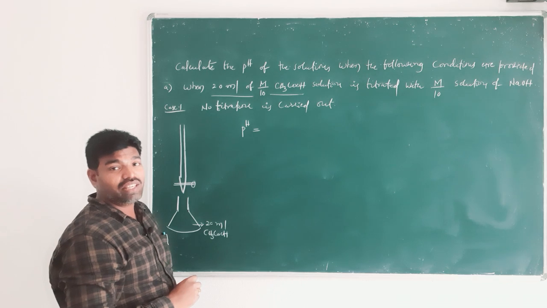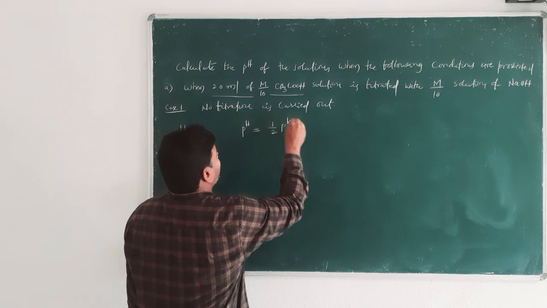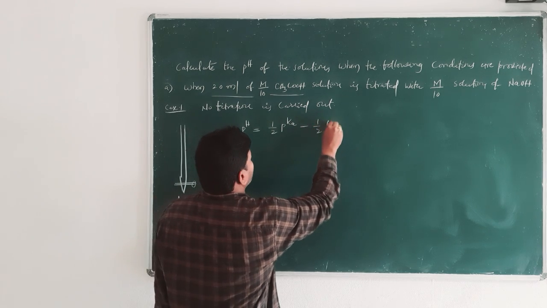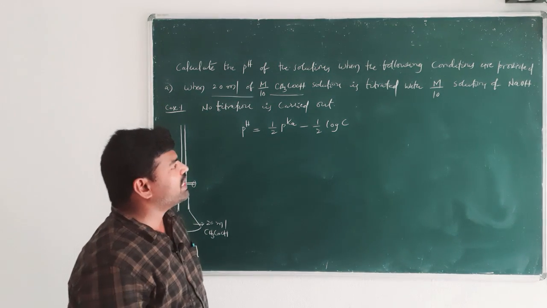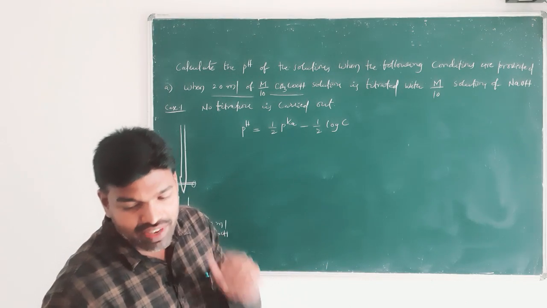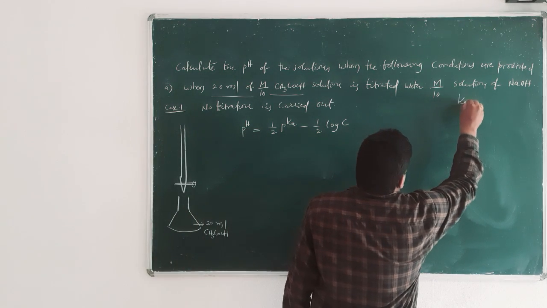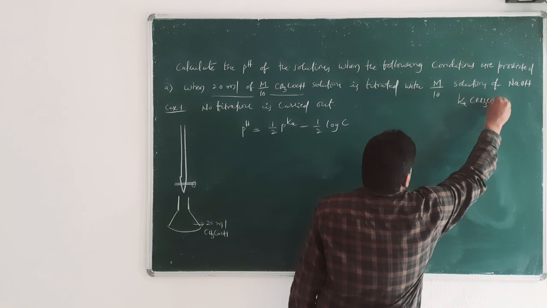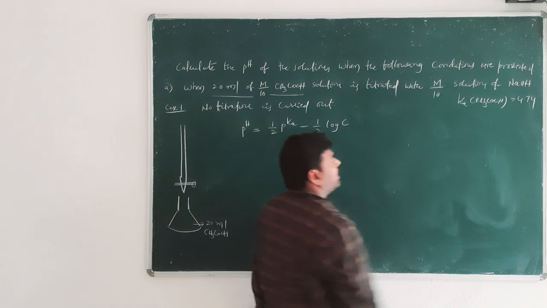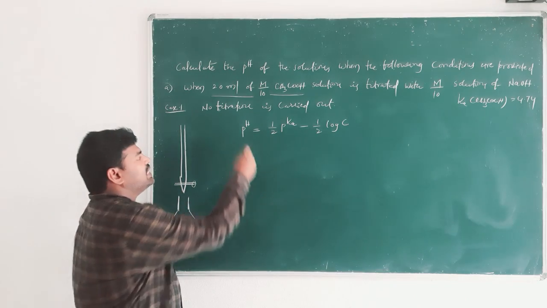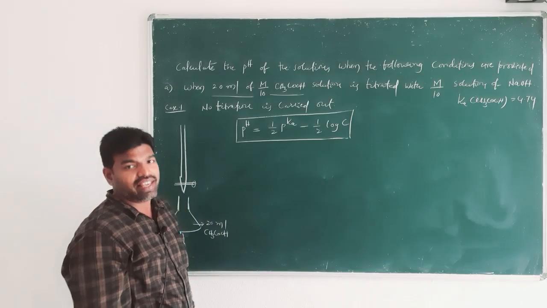We can calculate the pH of a weak acid by using the formula pH = 1/2 pKa minus 1/2 log C, and the pKa value of acetic acid is 4.74. So this is the formula by which we can calculate the pH of a weak acid.